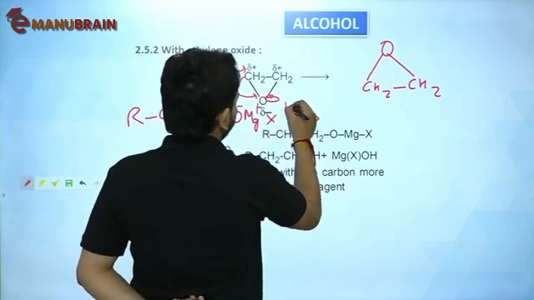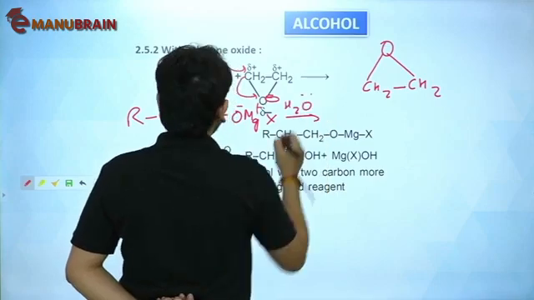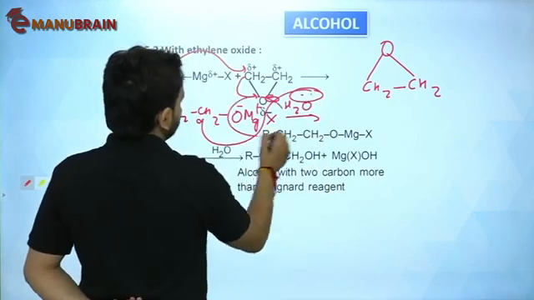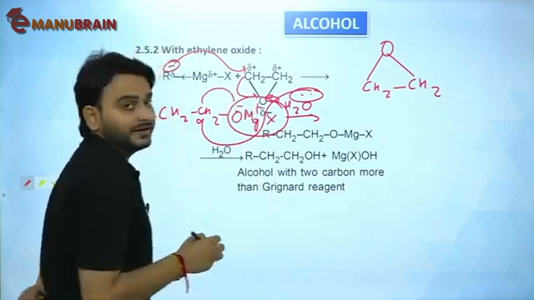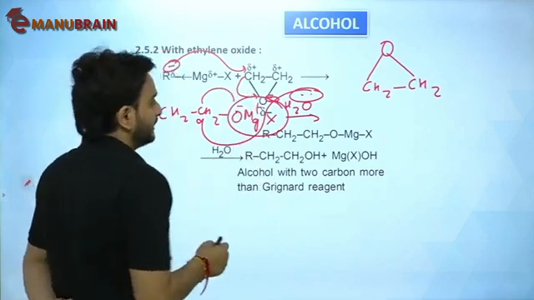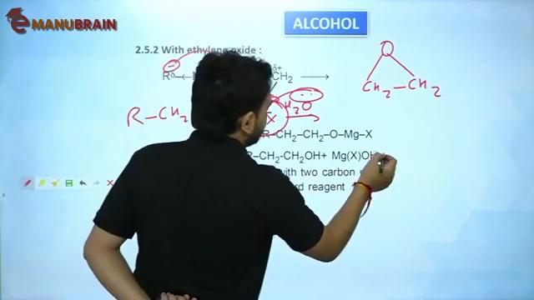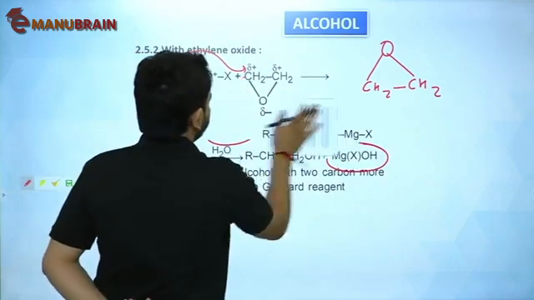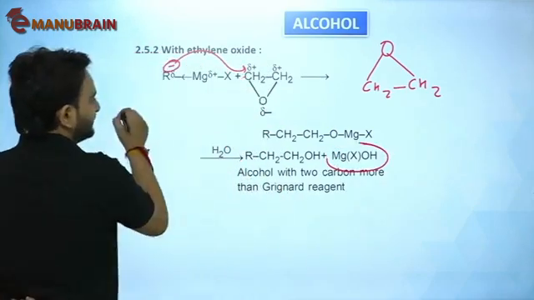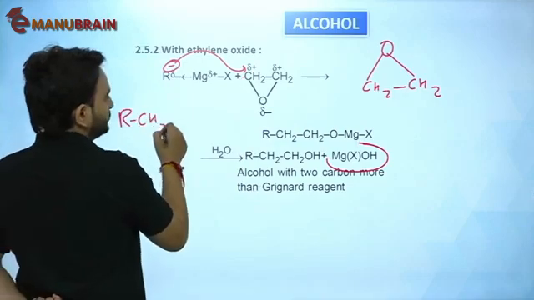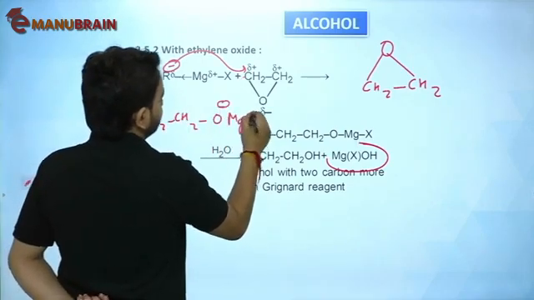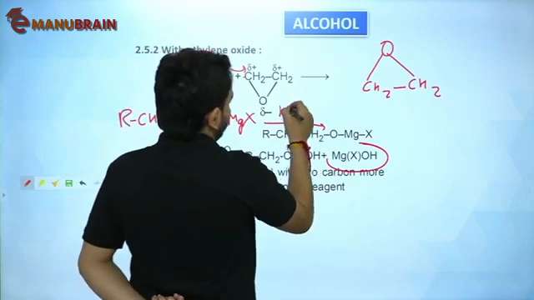Now if you treat it with water, this OMgX will be able to leave. In fact, this will not proceed like this. So first of all what you'll get is RCH2CH2 O minus MgX. Now there will be HOH.